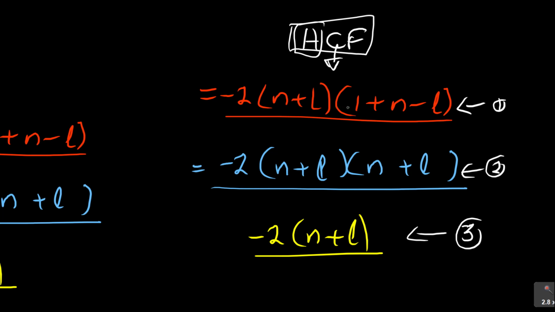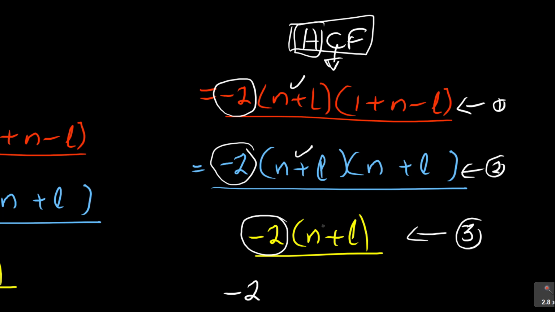Don't worry about this word highest, but let's look at what is common, meaning it must be repeating in all the 3. Look at this one. -2, I see it there. -2, I see it there. -2. So I say -2. And then n plus l, n plus l, n plus l in brackets. You also say n plus l.